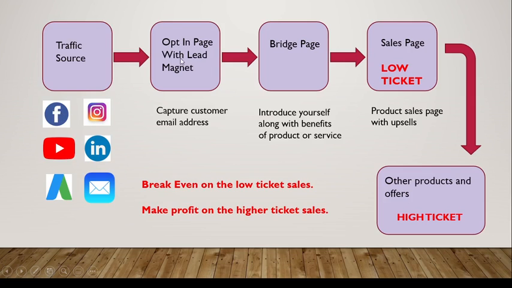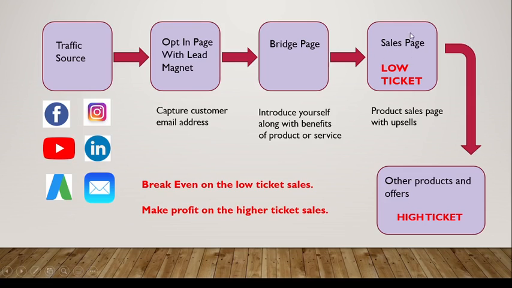They then opt in. So there's a lead magnet. The customer opts in. We give them something to tempt them to type in their email address. That can be a PDF or a video, something like that. So they type in their email address. That's the opt-in page. Now they're in the funnel. Then we have a bridge page where you introduce yourself along with the benefits and the service that you're promoting.